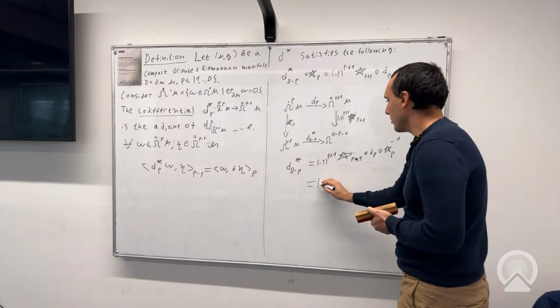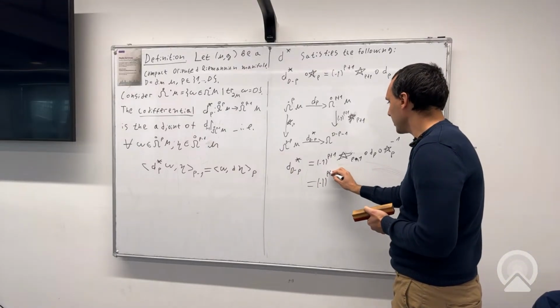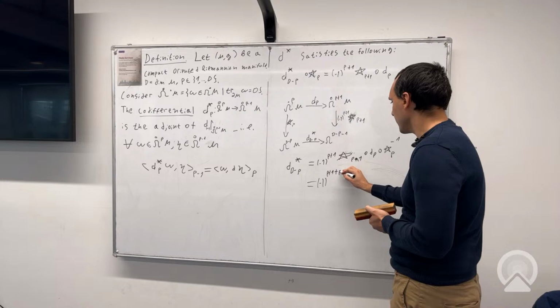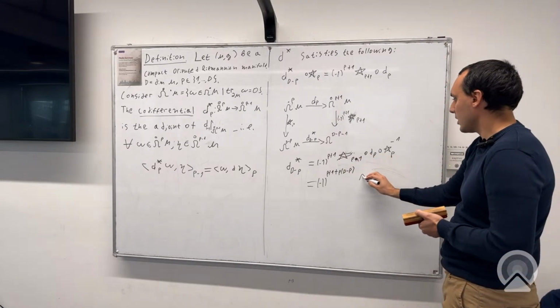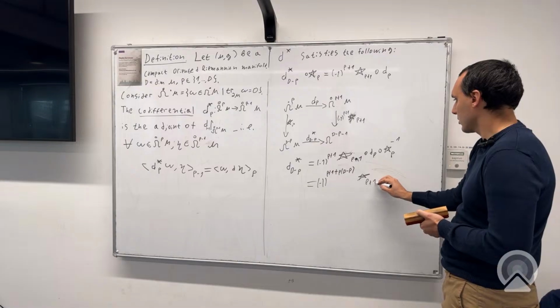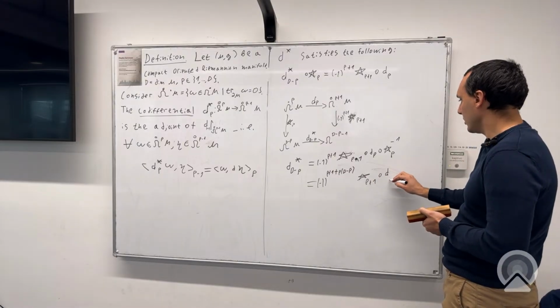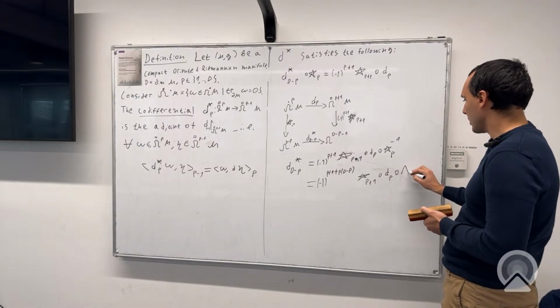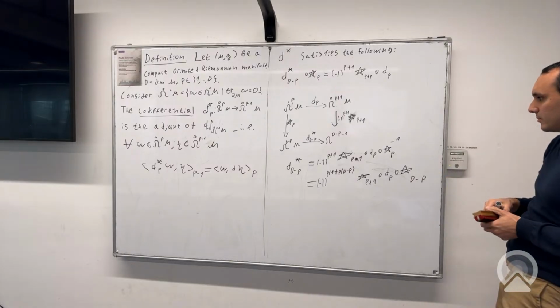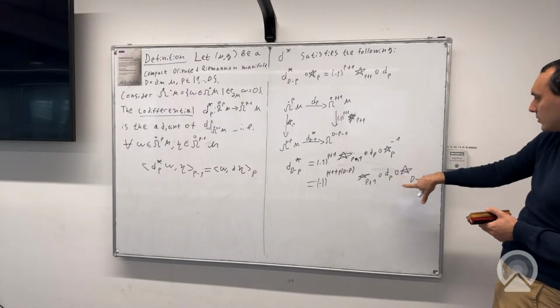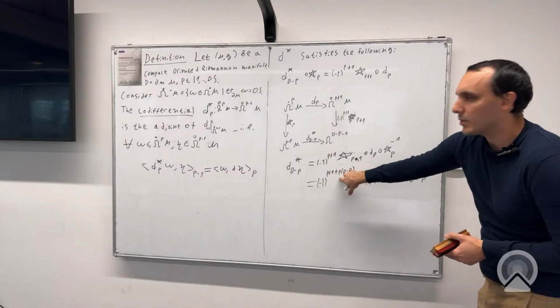So this will be minus 1 to the power of p plus 1 plus p, d minus p star composed with d composed with star d minus p. So this to the minus 1 is this times minus 1 to the power of this.